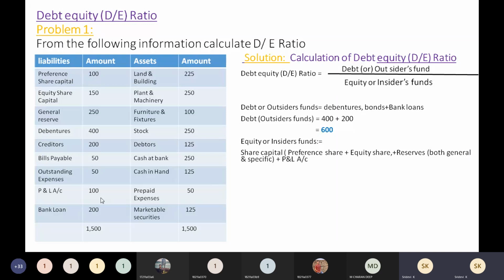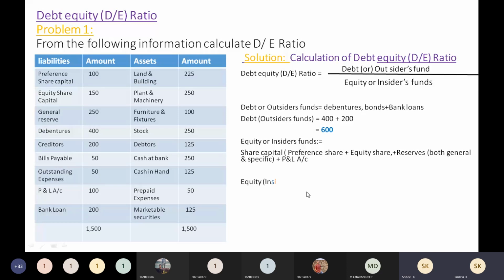So the formula is share capital, meaning preference share capital plus equity share capital plus reserves, so general reserve, plus profit and loss account. Here P&L account is nothing but the profit and loss account.